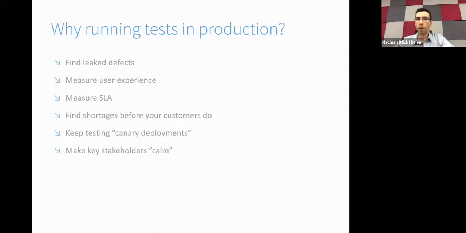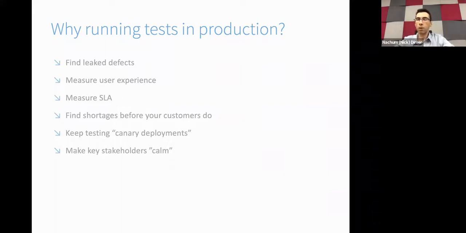Now, if you're familiar with canary deployment, with canary deployment it's super important to also run your tests in production, because we often release features even to a limited group of users, which are not necessarily 100% tested. So this becomes even more important in both canary deployment and continuous deployment cases, when the chance of defects leaking into production is much higher than if we do deployment manually.